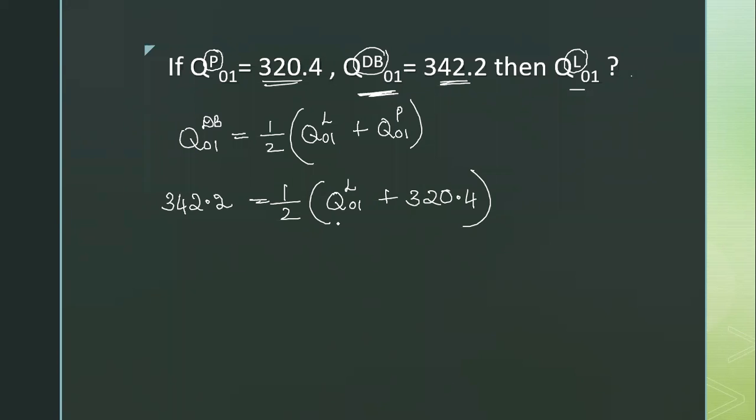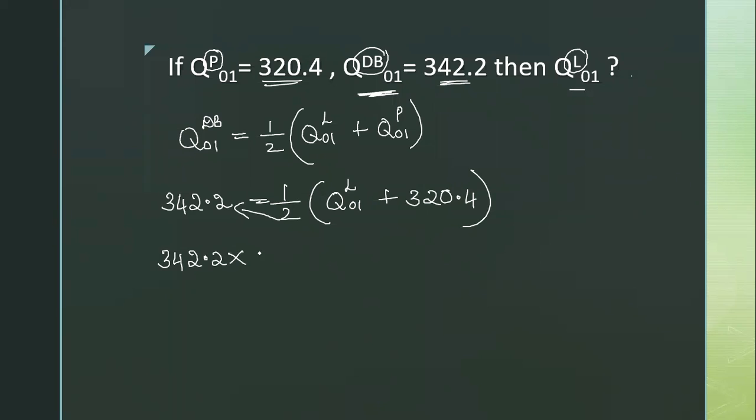Now how will you calculate this? Consider only the half. Bring this 2 to the opposite side, and it will become a multiplication.